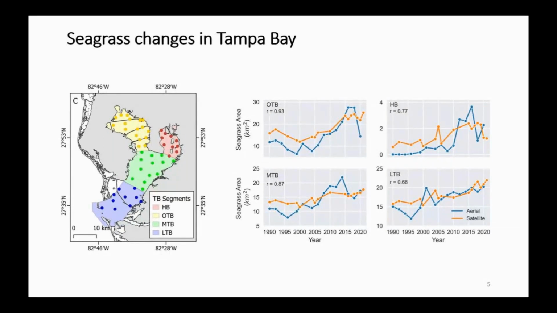We expected to see larger changes in seagrass areas over time in Old Tampa Bay and Hillsborough Bay because these segments are more exposed to higher sources of contamination and river discharges in comparison to Middle Tampa Bay and Lower Tampa Bay. This is what we can see in the plots here. After 2000, the increase in seagrass area reaches higher peaks in Old Tampa Bay and Hillsborough Bay.